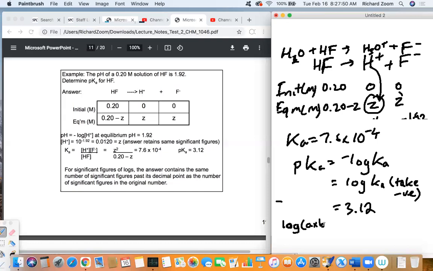Log A times B is equal to log A plus log B. That's an equation you would have learned way back in college algebra. That's the relationship between multiplying something inside a log and then you add the logs together. So what that means, I'm going to take this back here a little bit.